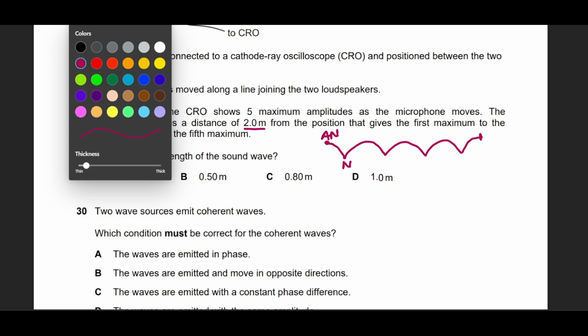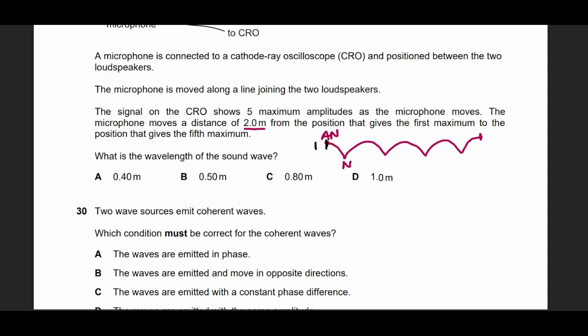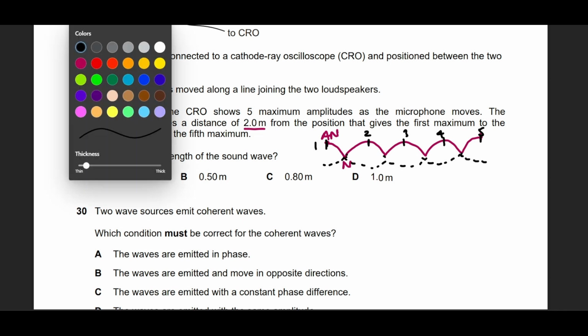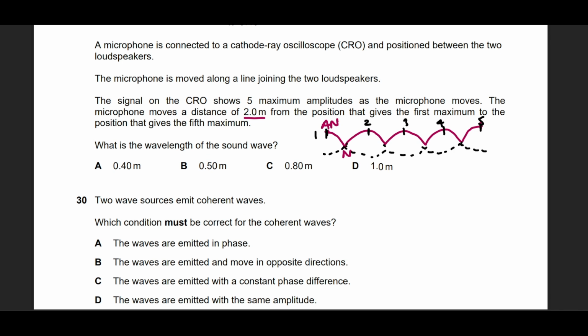Let's number them: this is 1, second, third, fourth, fifth. Of course, the two sources are moving opposite to each other. The distance from this point to this point is actually 2 meters.